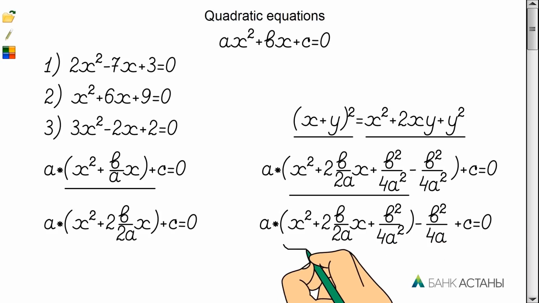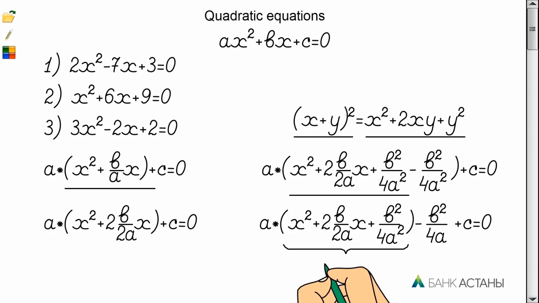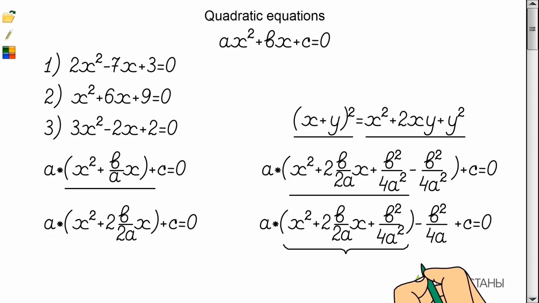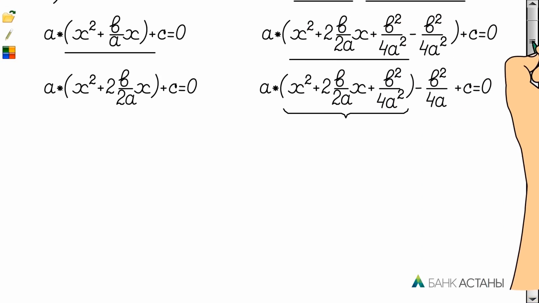Finally, we have the full allocation of the square, where x² is the first term, 2·(b/2a)·x is the second term, b²/4a² is the third term of the quadratic trinomial.